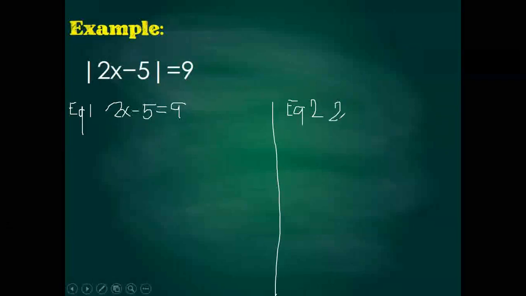Then equation number 2: 2x minus 5 equals negative 9. Here, positive 9, then the other equation, negative 9. So find the value of x. For equation number 1, 2x, you need to transpose negative 5 to the other side. It will be 9.